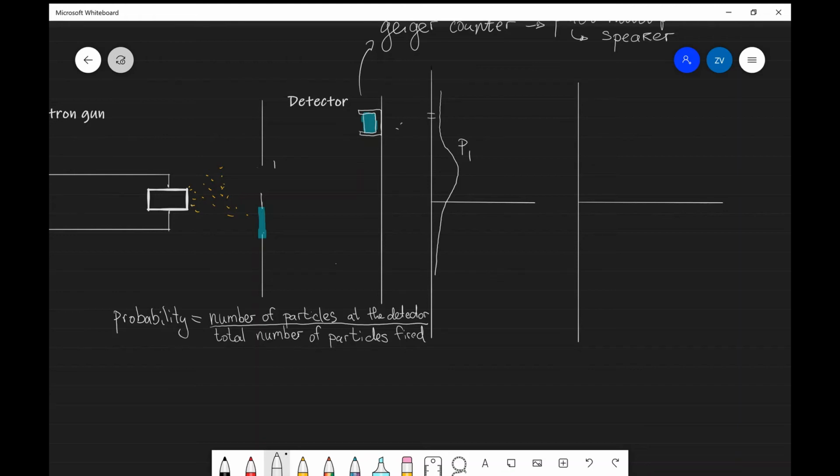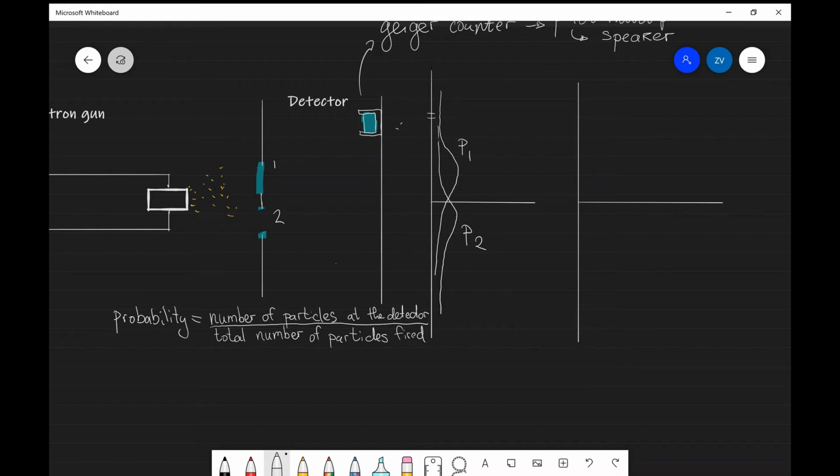And if we opened up slit number 2, but closed slit number 1, what we're going to see is the standard curve that we now know, centered somewhere around the position directly opposite slit number 2, and we're going to call this P2.